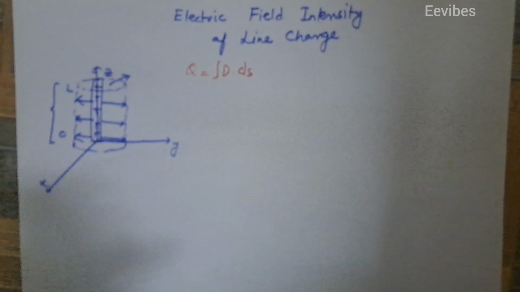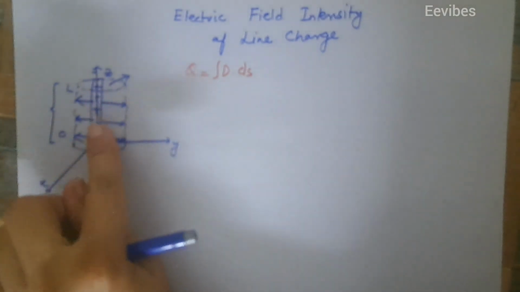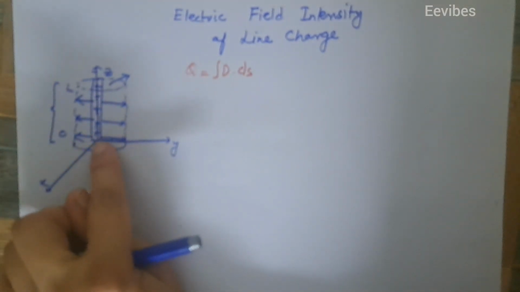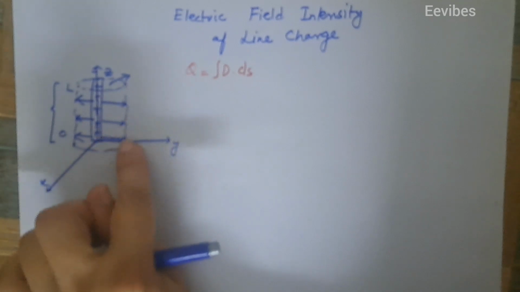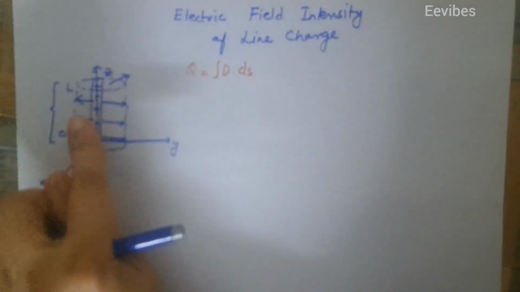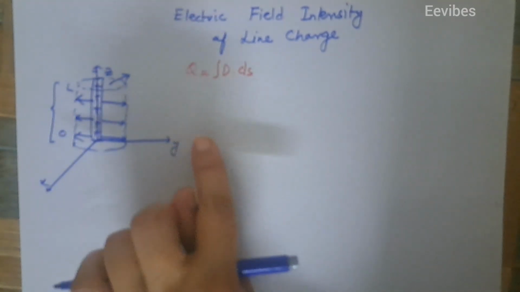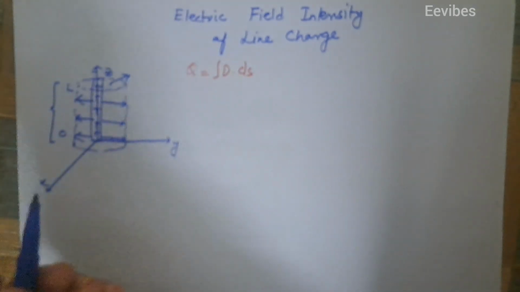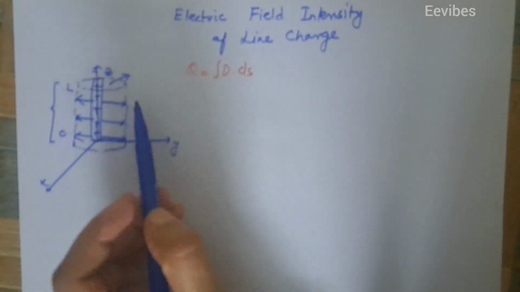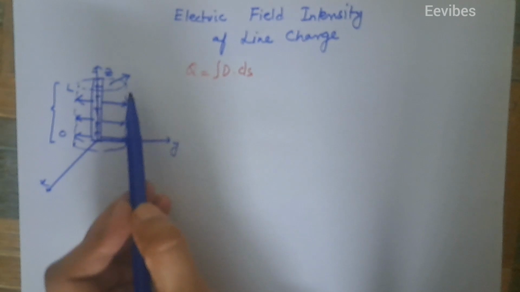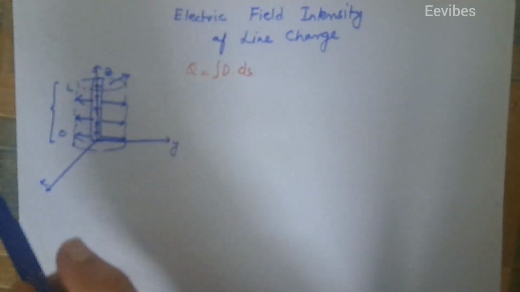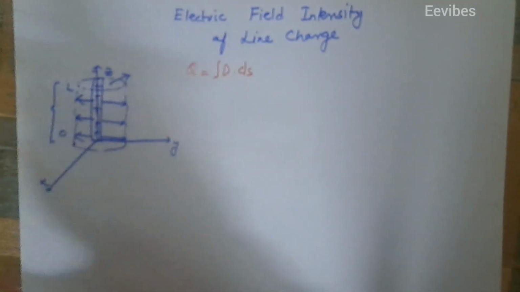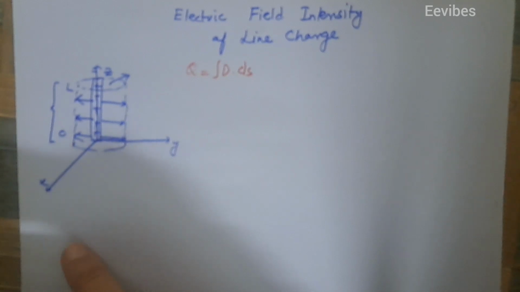Alright, so let's assume that we have a line charge which is positively charged and placed along the z-axis. Around this line charge, the first step is to imagine a closed Gaussian surface, and the property of the Gaussian surface is such that the electric flux density at each point on that surface must have a constant value.